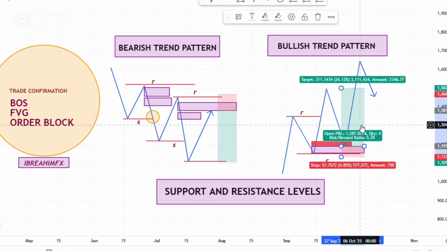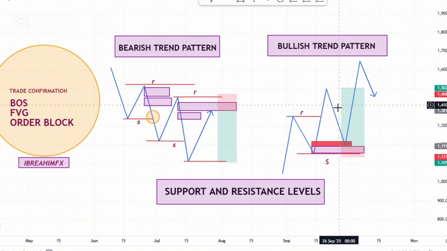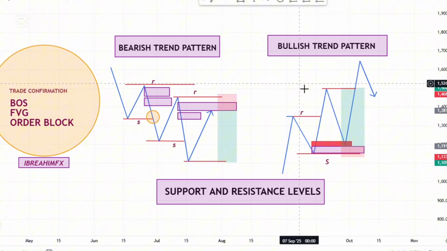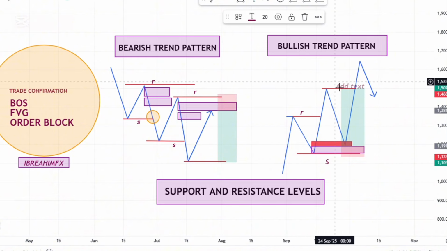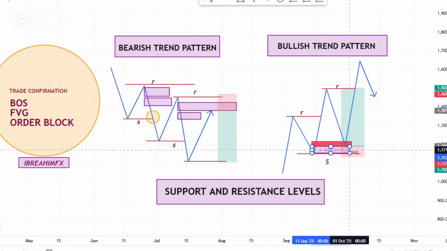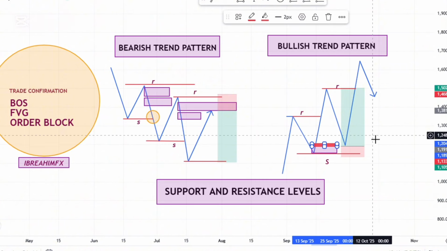After the market fills the fair value gap, the market will start going up again, and the market breaks another structure right here, which identifies our break of structure. We have another resistance level right here, and this turns to a valid support level.